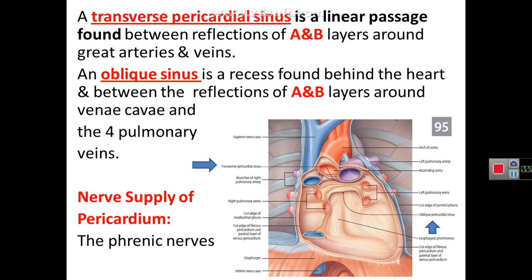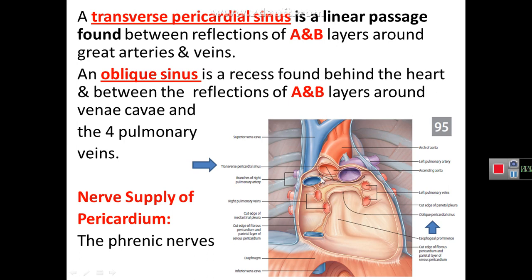These sinuses or spaces represent the continuity between the folds or the reflections between the visceral serous pericardium and parietal serous pericardium. So just like the reflections of the pleura, here we also have reflections between the visceral and parietal serous layers to form spaces or sinuses.